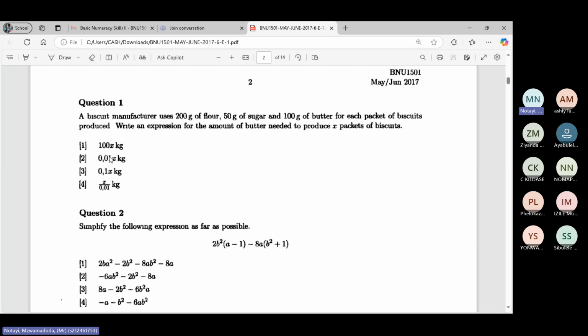It should be 0,1. Please confirm it, guys. So it's going to be 0,1X kilograms. That means option 3 is correct.